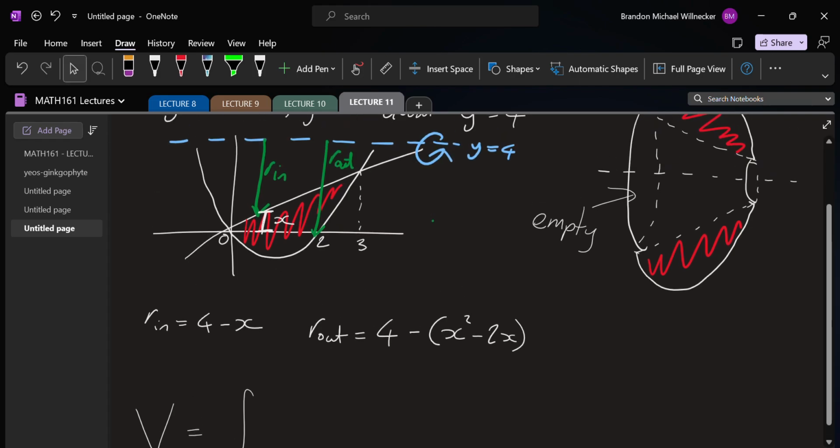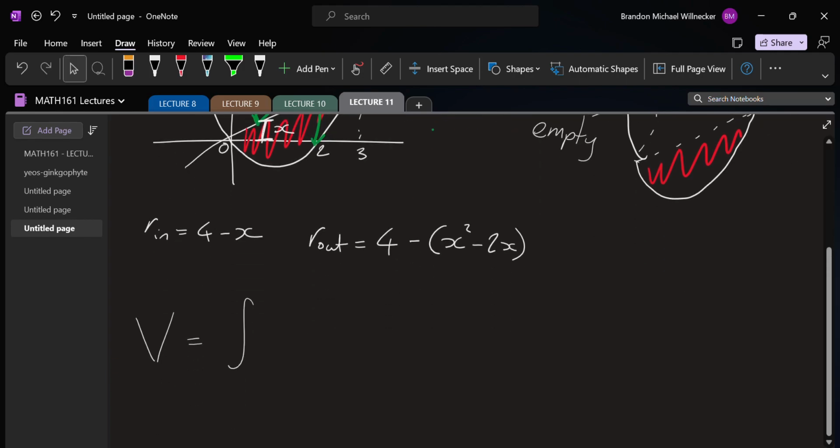Okay, let's find the volume. The volume is going to be the integral from 0 to 3, because those are the intercept points. They intersect each other at 0 and at 3, so those are the endpoints we need.